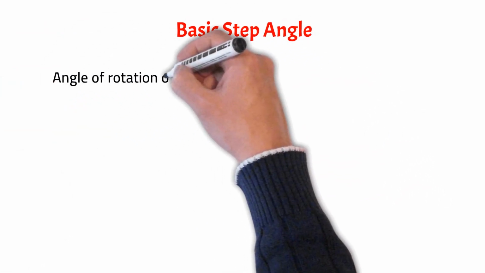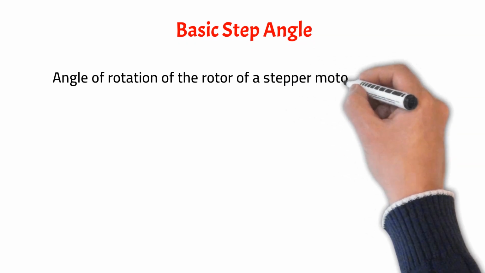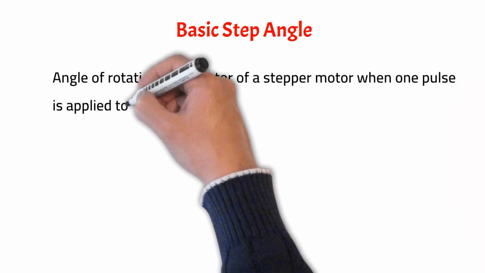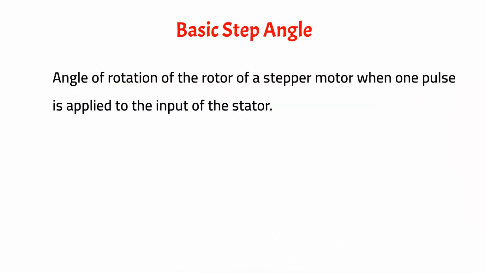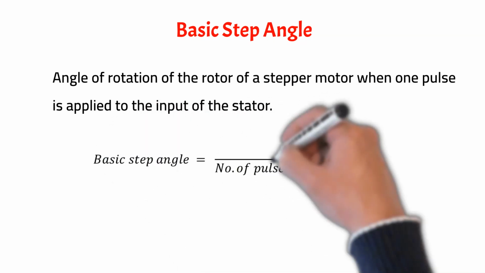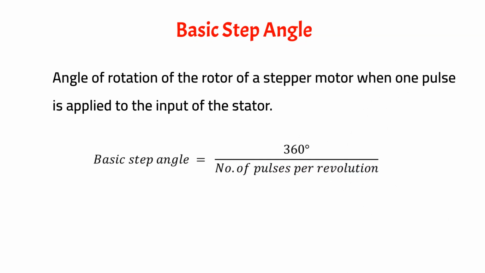Basic step angle. This is the angle of rotation of the rotor of a stepper motor when a single pulse is applied to the input of the stator. So, you can easily get an equation for the basic step angle as shown here. According to its definition, the basic step angle is equal to 360 degrees divided by the number of pulses per revolution.